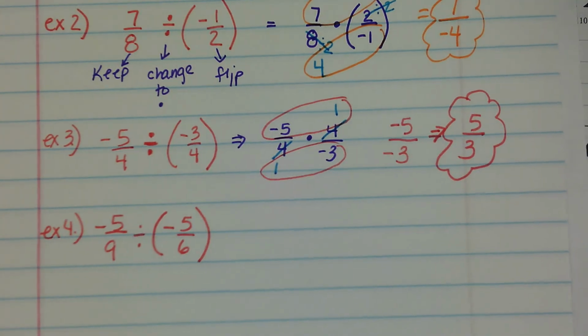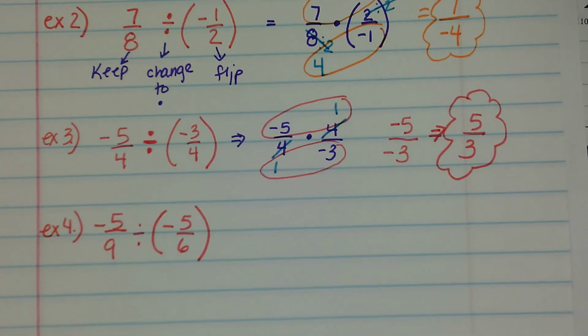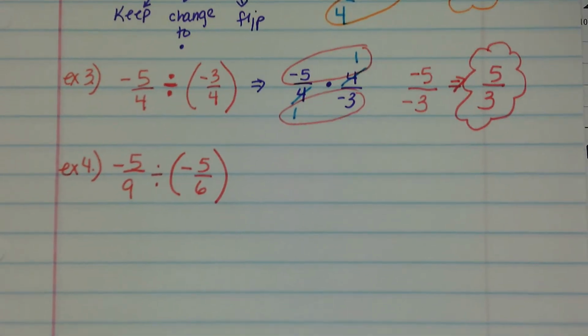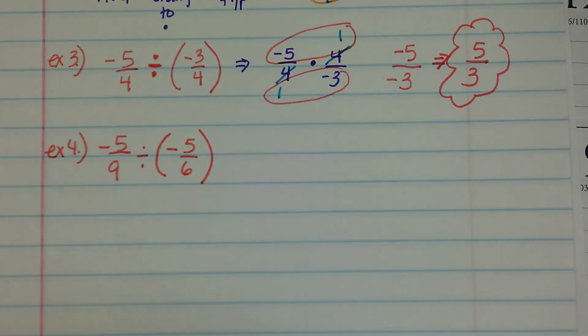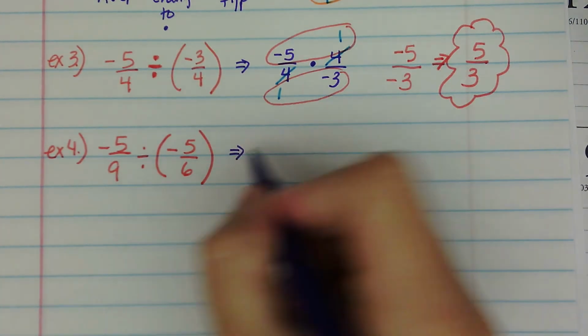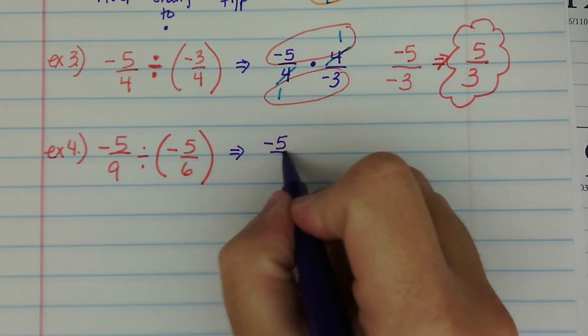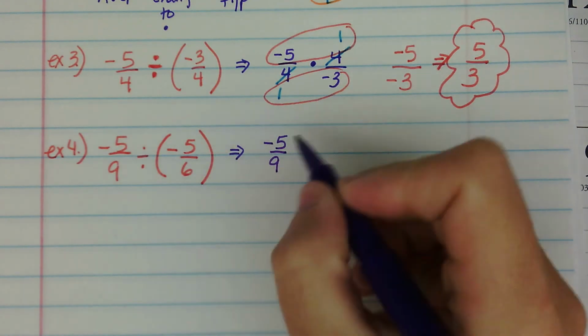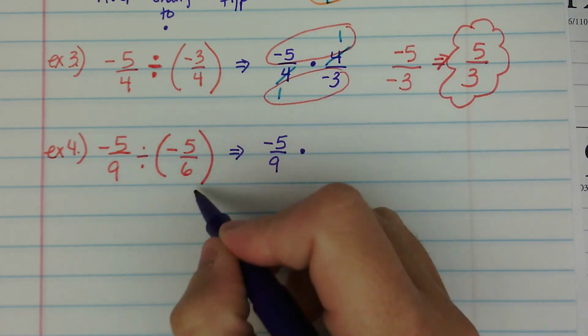Okay, last example and we're done. So this is -5/9 divide sign -5/6. And remember that when we're dividing a fraction, you have to keep change flip. So we're going to start with keep, change, flip.